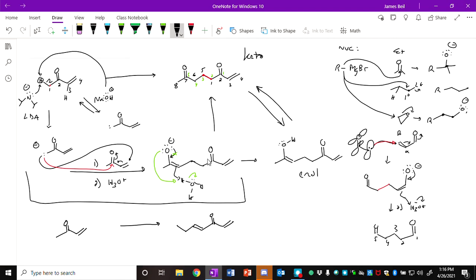Yeah, so you could imagine a water or some other nucleophile attacking here and breaking this open because the resulting negative charge would be stabilized by resonance.